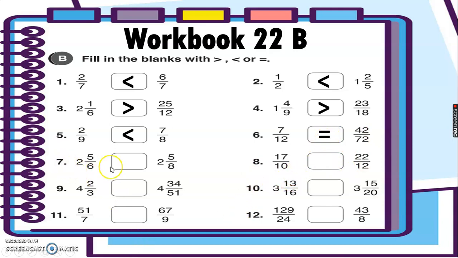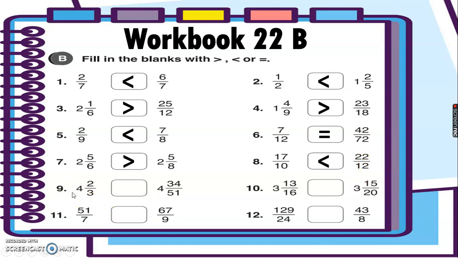Number 7, we have the same whole number, which is 2. And then all you have to do is cross multiply. That is the simplest way to know which one is greater than, less than, or equal to. So number 7, the answer is greater than. Number 8, 17 over 10 and 22 over 12. Less than.